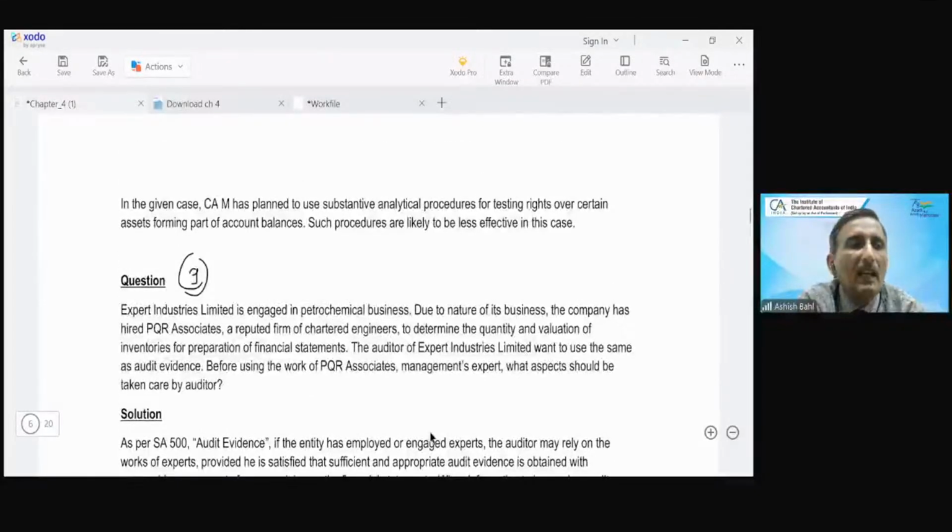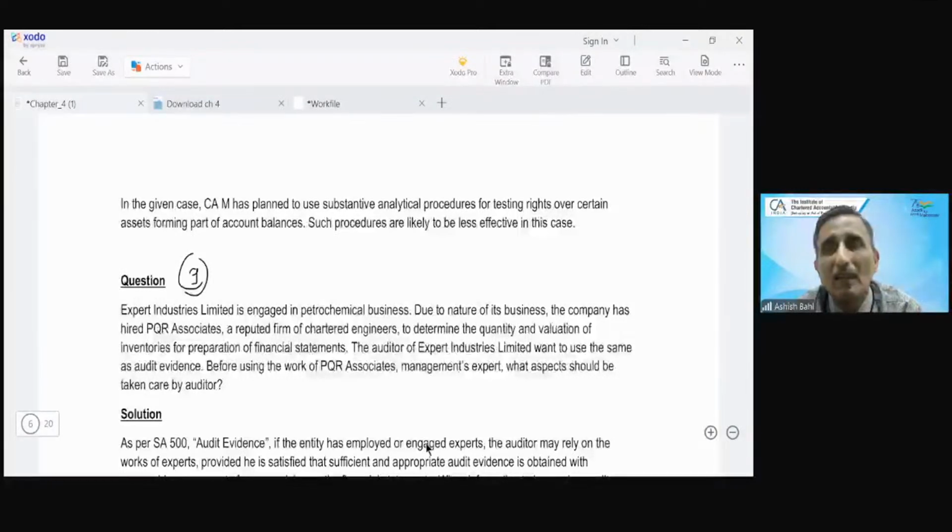See question number 9. There is a company which is in the petrochemical business. The company has hired a reputed firm of chartered engineers. They provide the services, and the company would be making payment to them, to determine the quantity and valuation of inventories for preparation of financial statements.